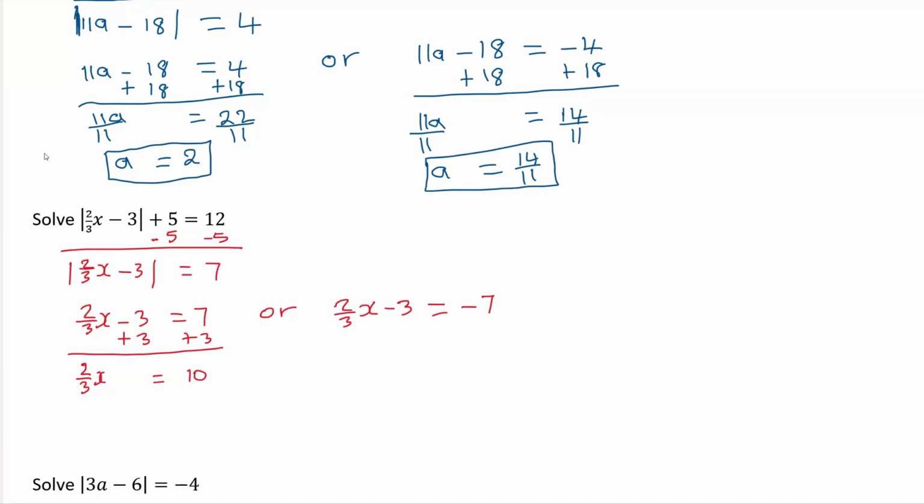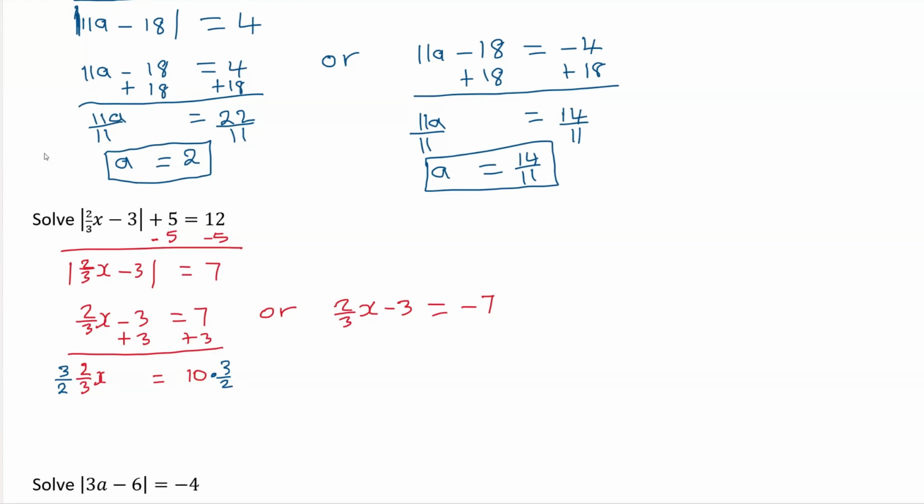So now I would like to cancel the 2/3 so you can multiply by the reciprocal. Multiply the top by 3 to cancel the 3, and the bottom by 2 to cancel the 2. And whatever you do to one side, you have to do to the other side. Or you could take 2 steps, multiply by 3, and then later divide by 2.